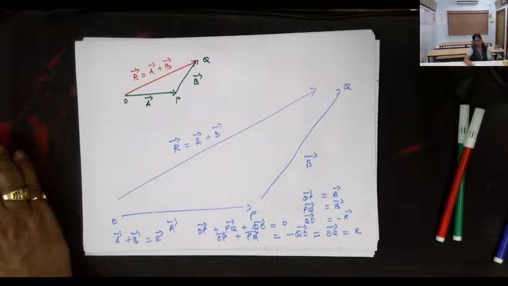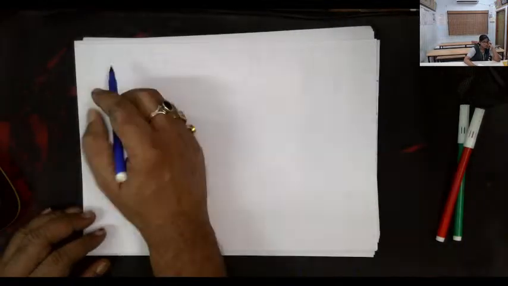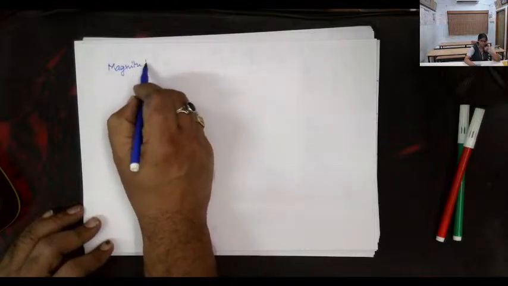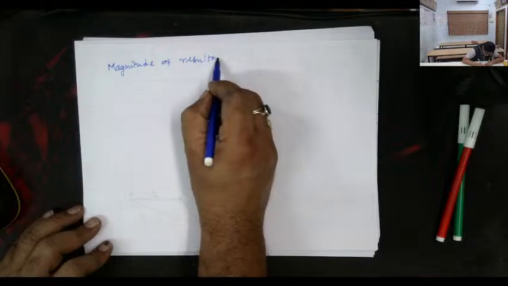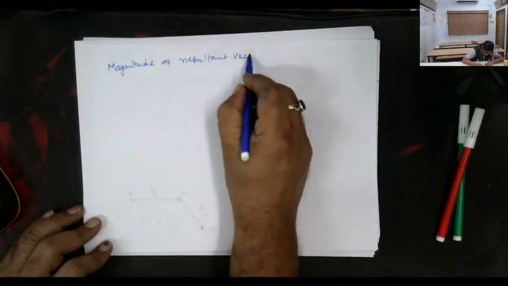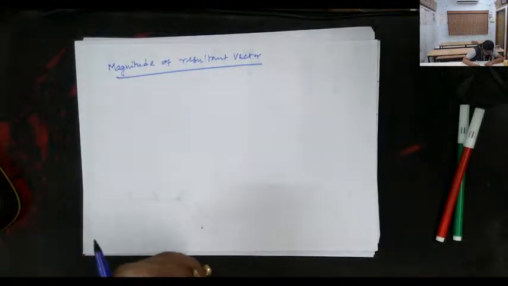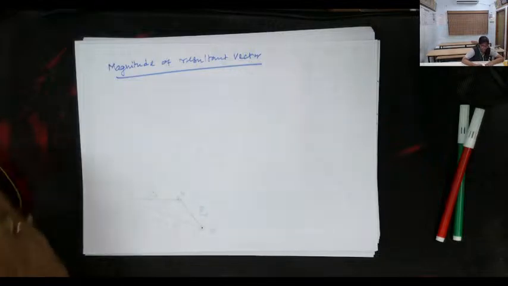Now let us explain about the magnitude of this resultant vector. Magnitude of resultant vector. So the magnitude and the angle of the resultant vector can be determined by the following method.